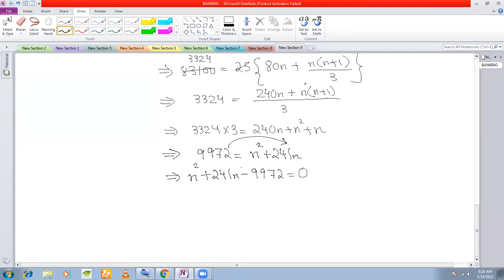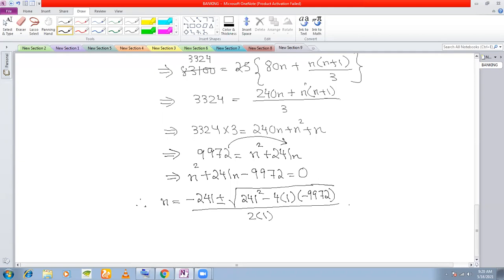Okay, you can use Sridharacharya method to find out the roots of this quadratic equation because it is difficult to factorize. Therefore, n must be equal to minus b plus or minus square root of b square minus 4 into a into c, divided by 2 into 1.